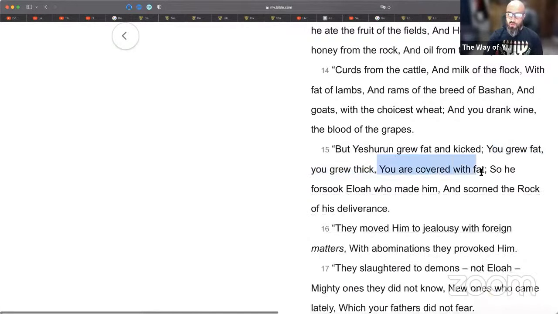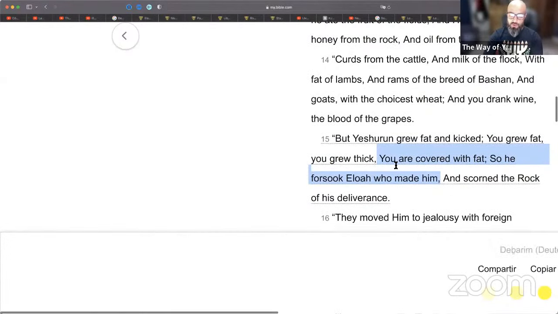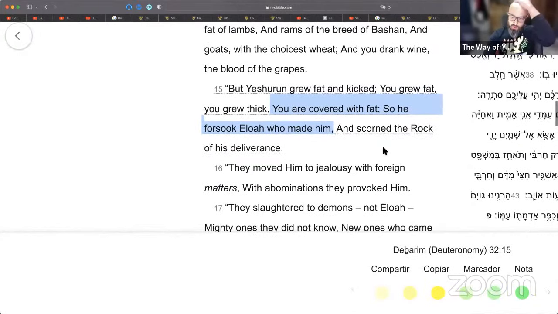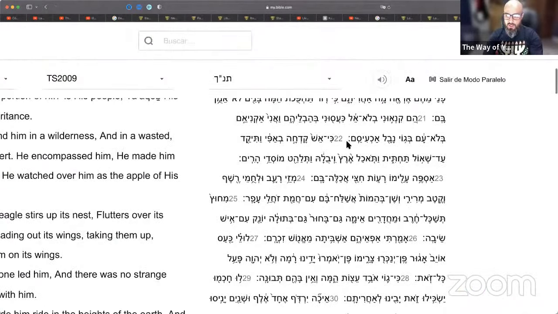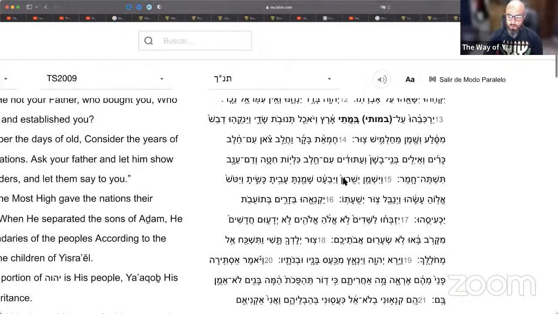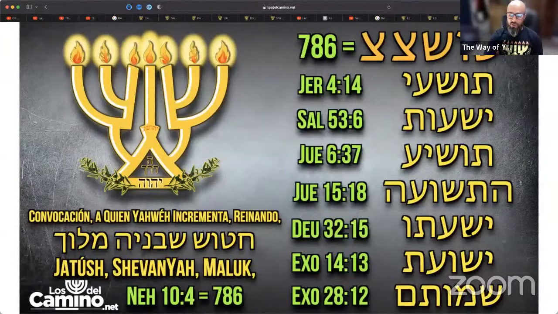You are covered with fat, so he forsook Eloah who made him. Yeshurun forsook the Creator and scorned the rock of his deliverance. Once again, verse 15, his deliverance. We have it here. Yeshuato, his salvation. He forsook his salvation.